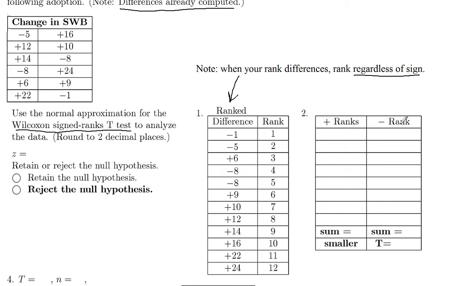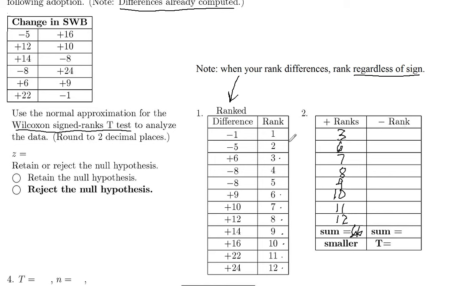Now we want to separate these into positive and negative ranks. The ranks that belong with positive numbers are 3, 6, 7, 8, 9, 10, 11, and 12. The sum of those ranks is 66.